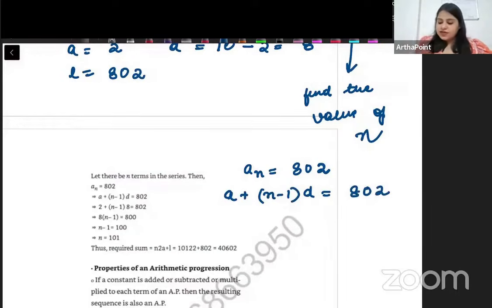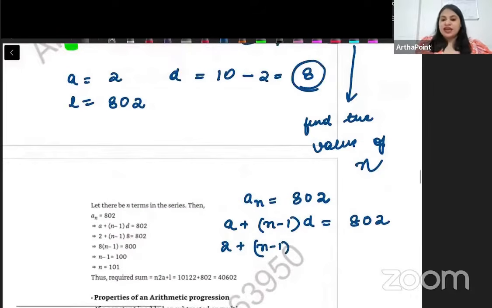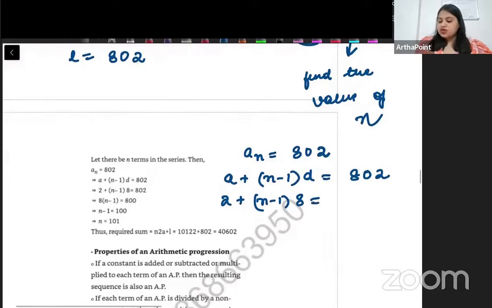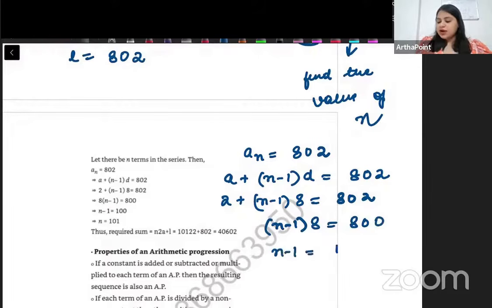I know that the first term is 2 and n is not known to me, but I know that the difference is 8. So n minus 1 into 8 will be 800. n minus 1 will be 100. n will be 101.